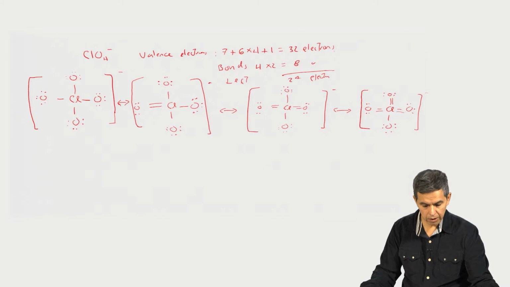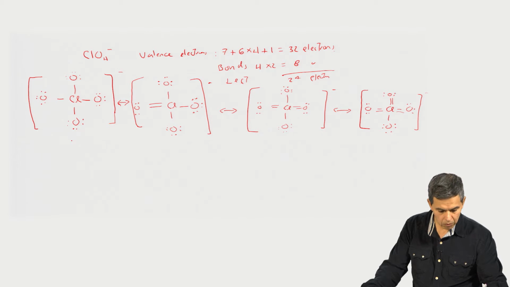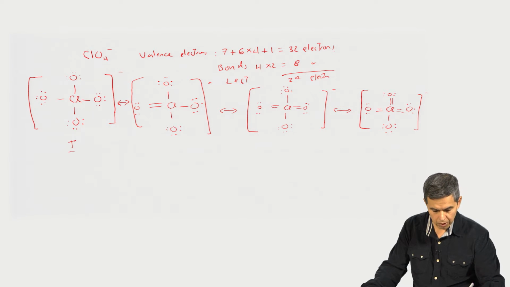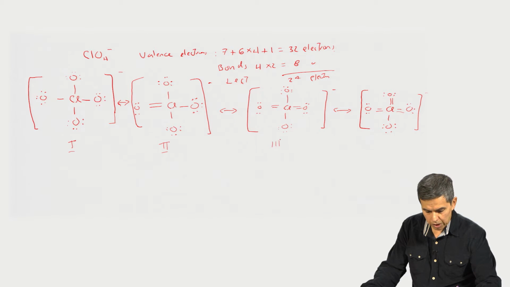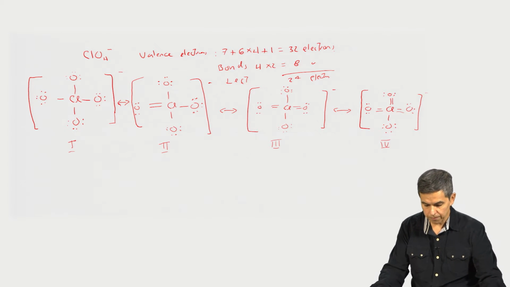So the next step is to determine the formal charge for the central atom chlorine in each of these structures. We are not going to be concerned about oxygen because all of them had exactly the same formal charge in the 4 resonance structures.